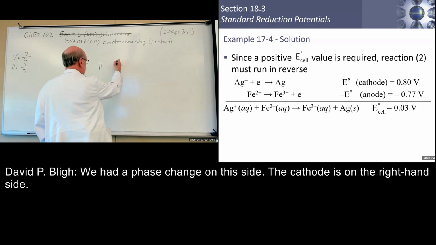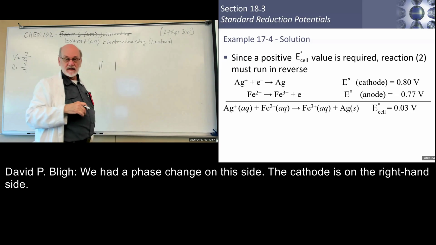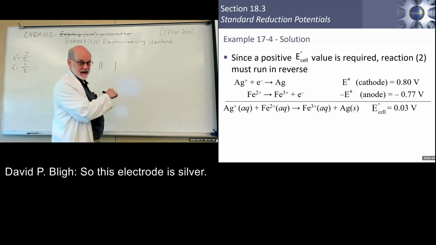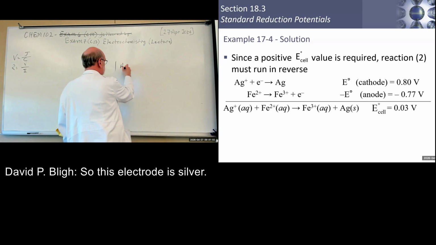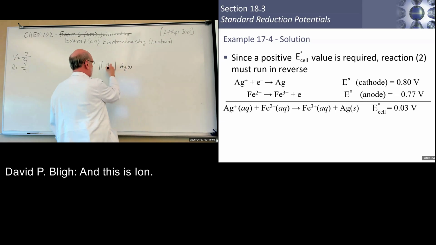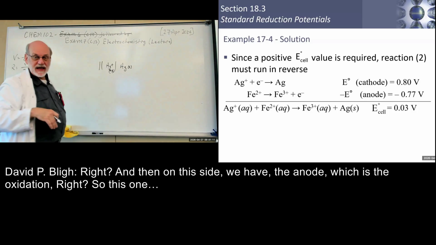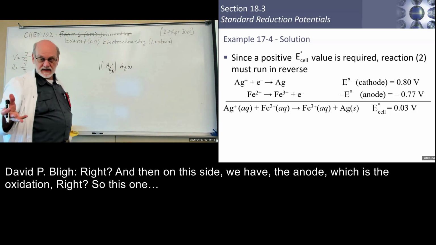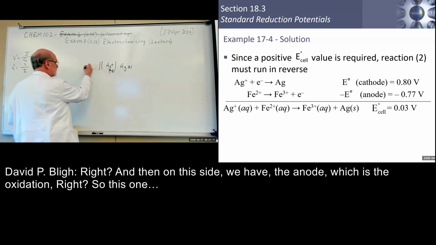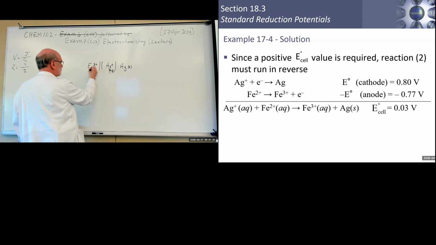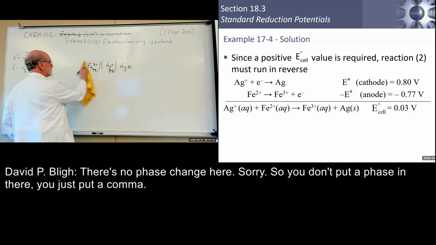We're going to have a phase change on this side. The cathode is on the right-hand side. So this electrode is silver, and this is the ion in aqueous solution. And then on this side, we have the anode, which is the oxidation. This one is in aqueous solution, there's no phase change here. Sorry. So you don't put a phase in there, you just put a comma.